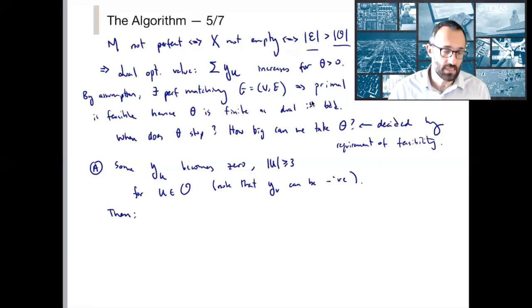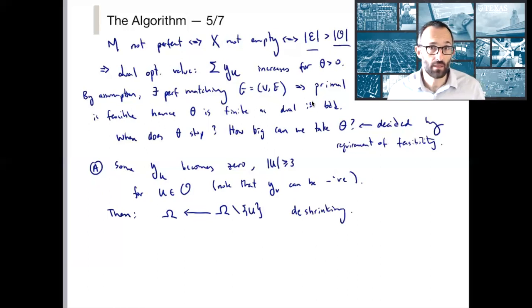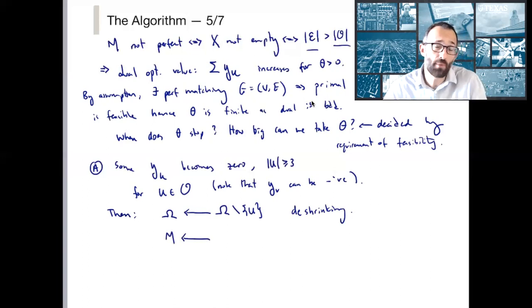So in this event, we do a process called de-shrinking. I subtract a subset from omega. I remove that U, I delete it. This is called de-shrinking. And correspondingly, the variable y has hit 0. It's not contributing anymore to the dual, so now I remove it from consideration. And since I've expanded a node, I have to now maintain my matching in the larger set, but this is easy to do.